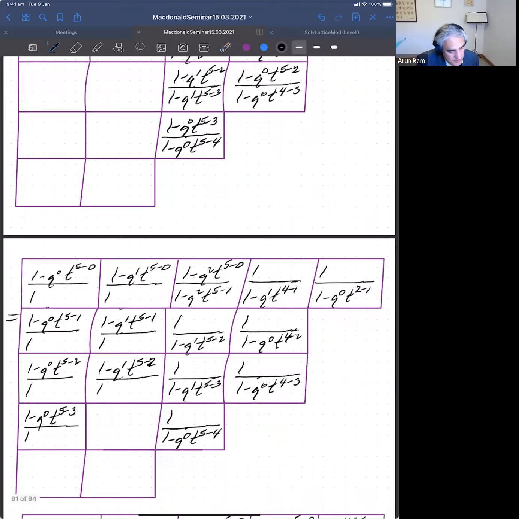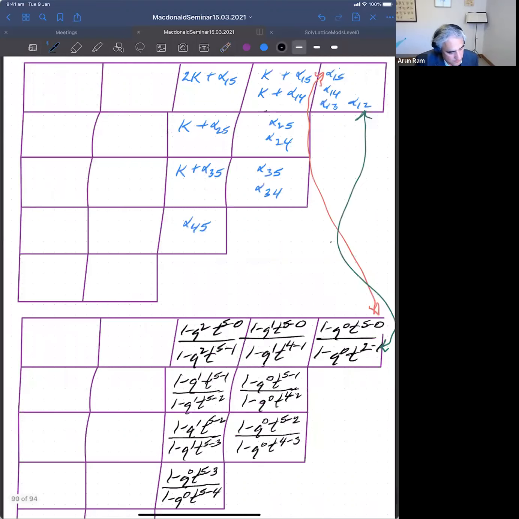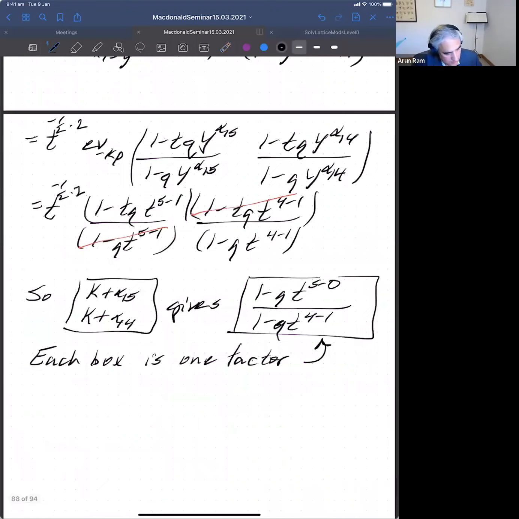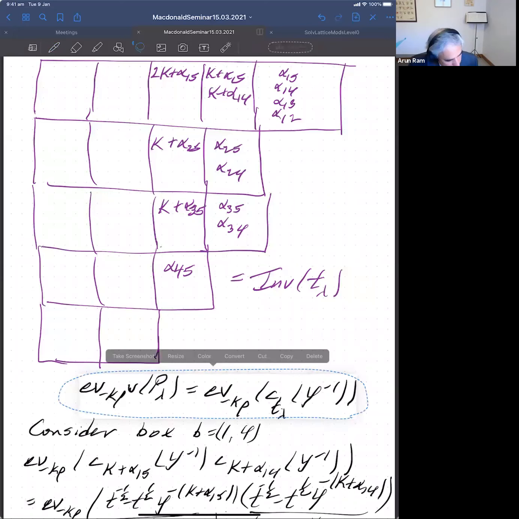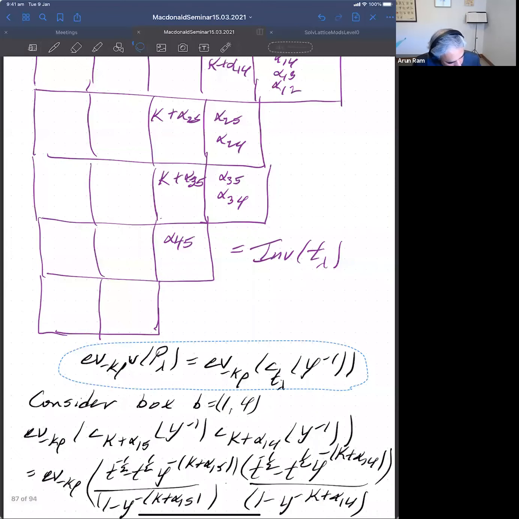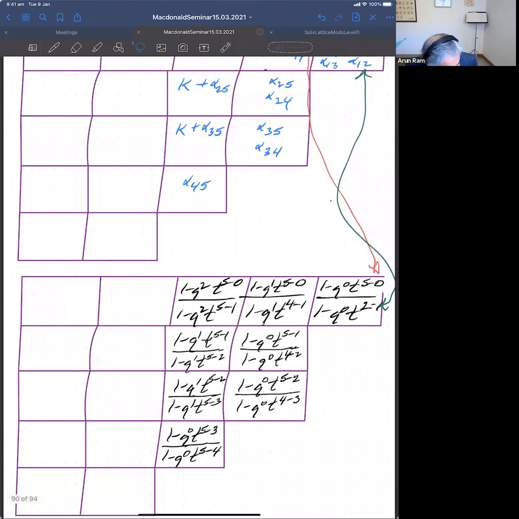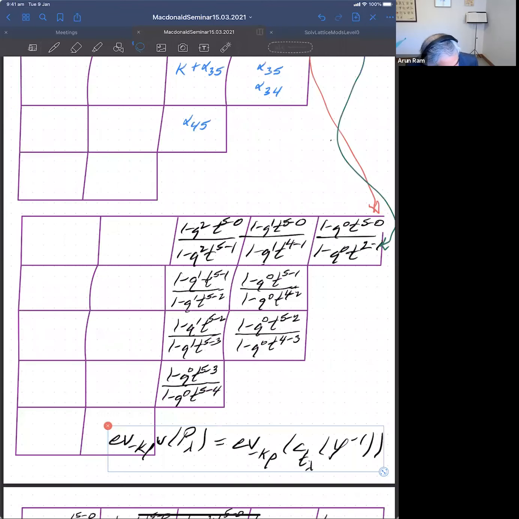Remember, what I'm doing is computing this formula here for the principalization. That's what this is doing for us. At the moment, all of these factors we are tracking one by one in these boxes.